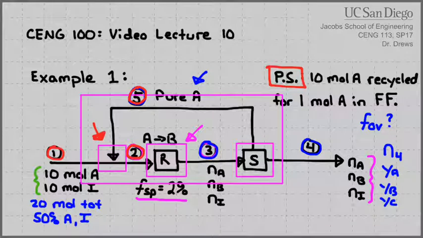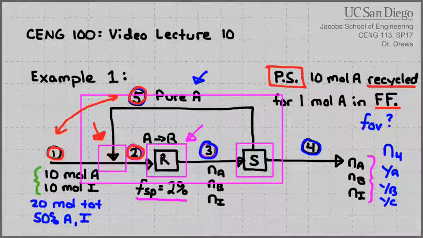Why didn't we use that on any of the other units? The reason we didn't use it on any of the other units is because it's talking about a relationship between the moles of A in the recycle stream and the moles of A in the fresh feed. So that's talking about some piece of information that connects stream 1 and stream 5.